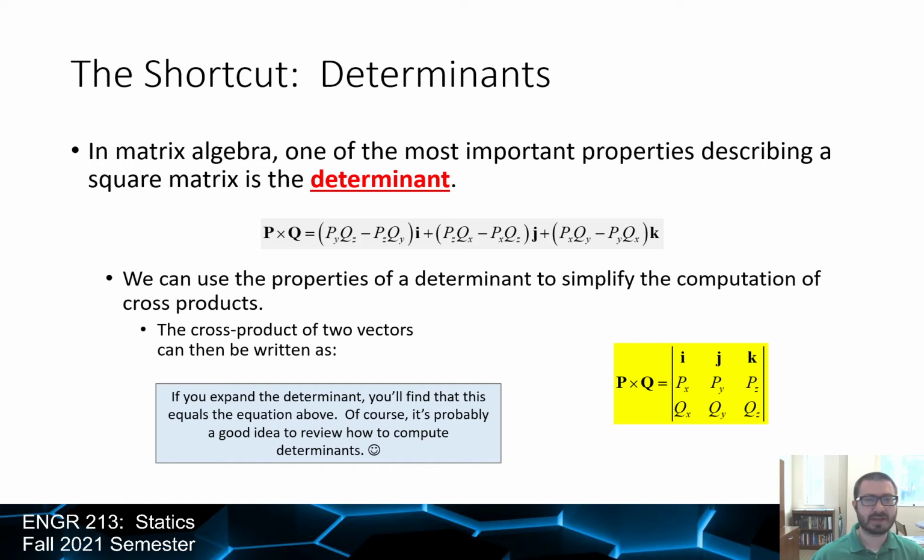A determinant is a numerical value. It's a scalar that serves as a very important characteristic of a matrix. While this isn't a linear algebra class, if you take a course in linear algebra, you'll see that determinants are very important. They tell you whether or not matrices are singular, and there's a big to-do in linear algebra about determinants.